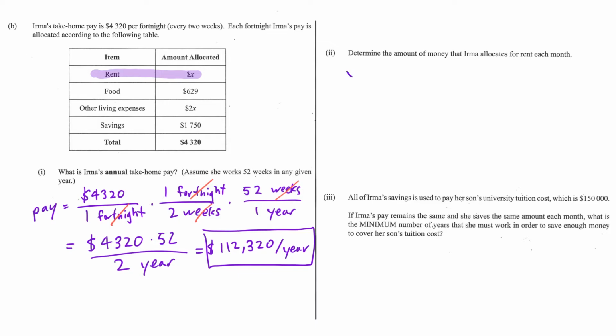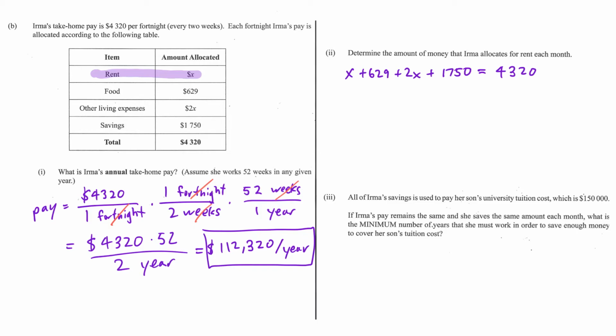So if I add up X dollars for rent, $629 for food, 2X dollars for other living expenses, $1,750 for savings, this should total $4,320.